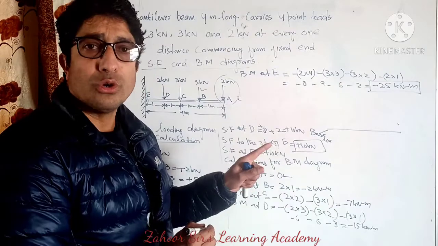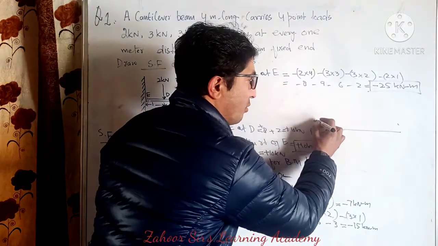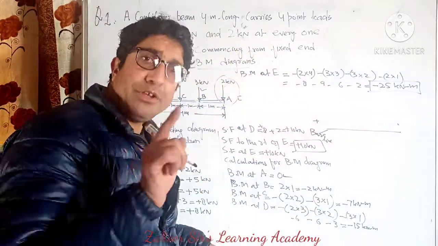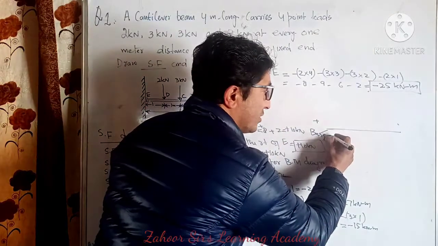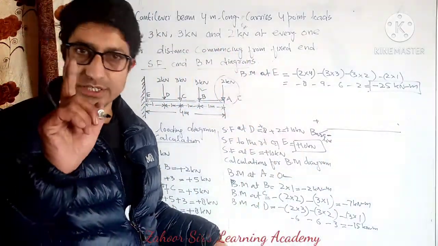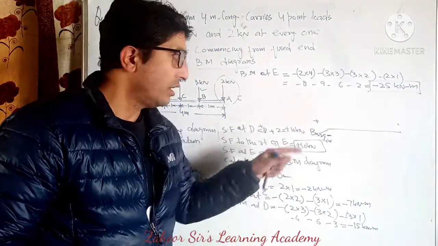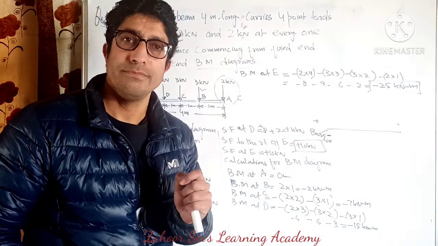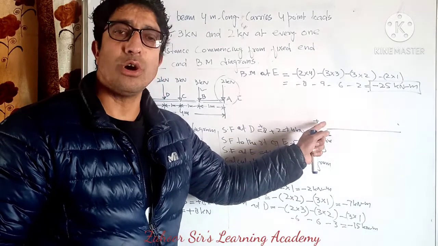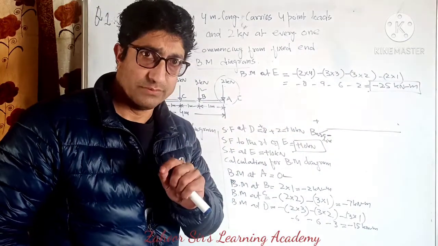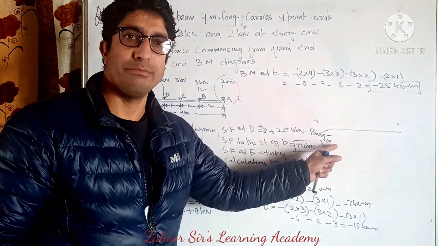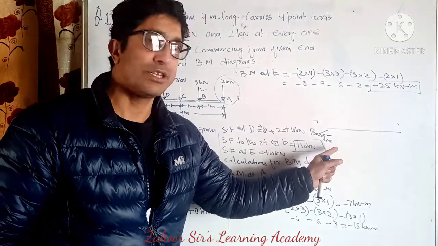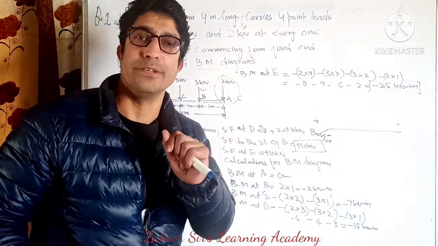Whatever we are going to draw above the baseline is going to be positive, and whatever we draw below the baseline is going to be negative. This is the first thing which we need to remember. On this baseline, we are going to draw the SF and BM diagram.